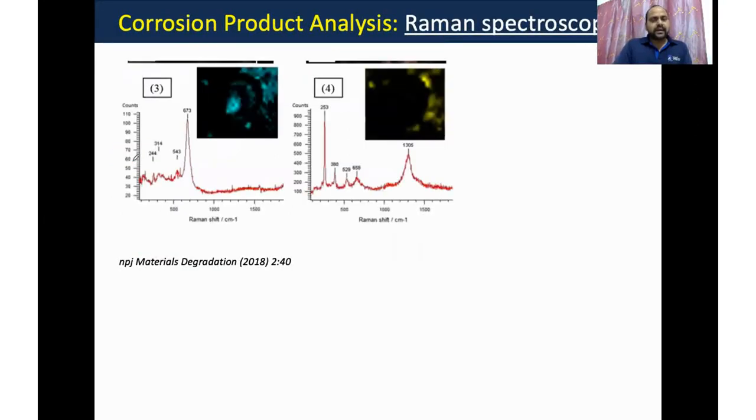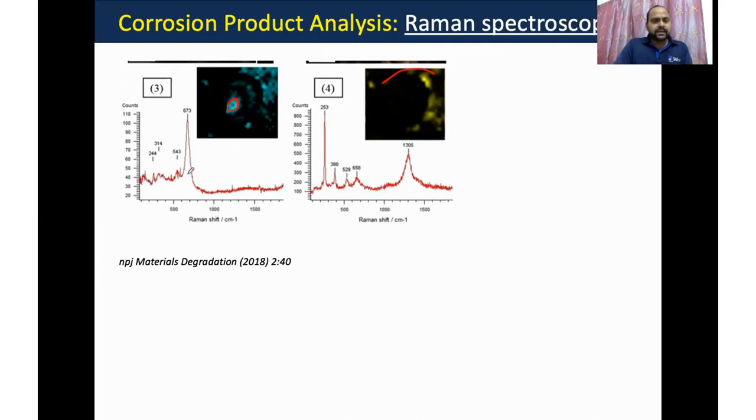So here is the data. They observed the formation of a pit. If you see this blue color, this is the region at the center of the pit, and in the second figure, this is the region on the outer surface of the pit. So even by Raman spectroscopy, they are able to see the difference between these two.